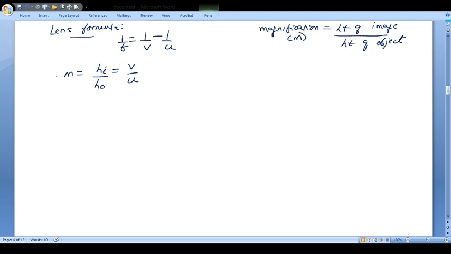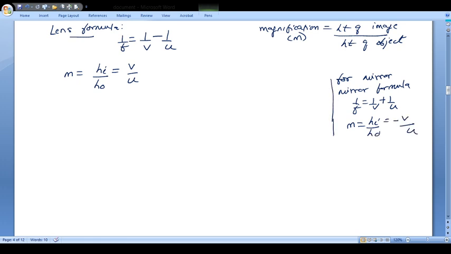So these are your two formulas. Remember for mirrors you had the mirror formula. Just comparing, mirror formula क्या था, 1 upon f is equal to 1 upon v plus 1 upon u, and magnification was hi upon ho is equal to minus v upon u. ये आपने पहले mirrors में देखा था, and now we will have it in case of lens.